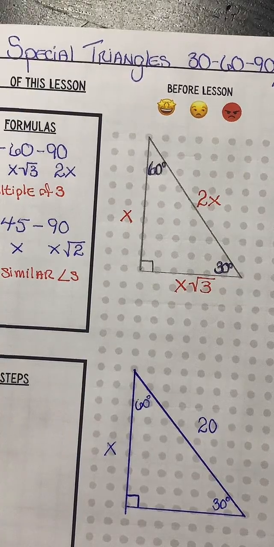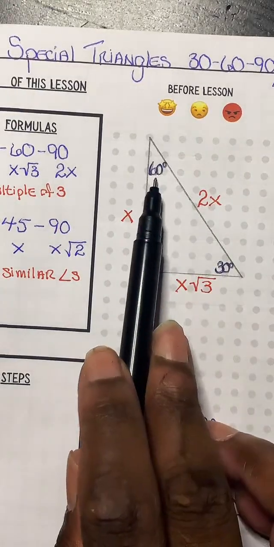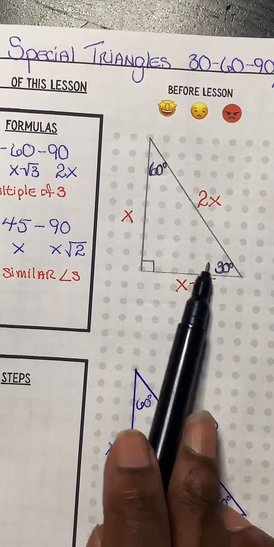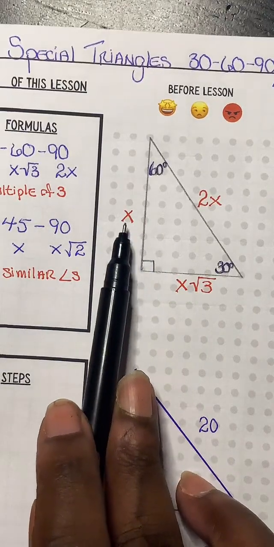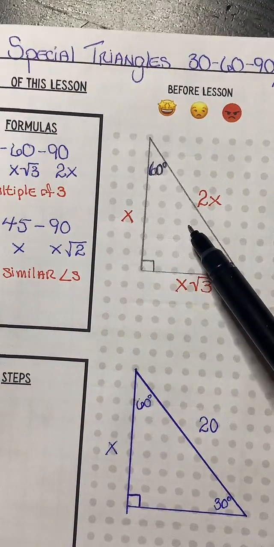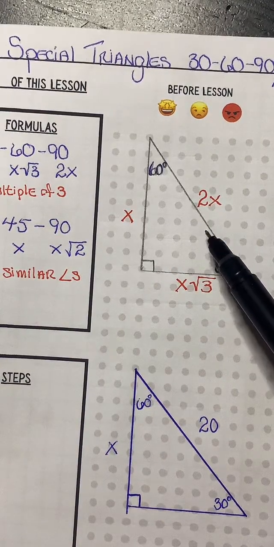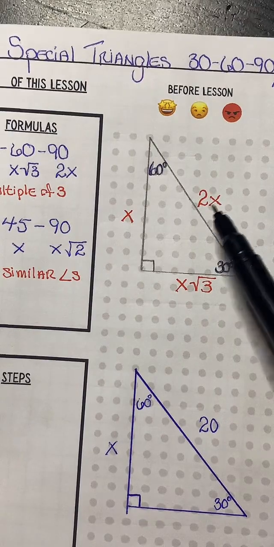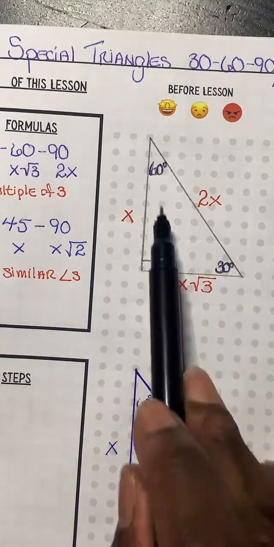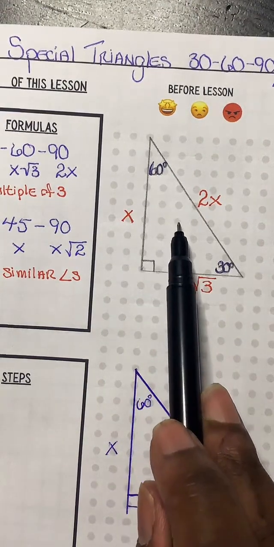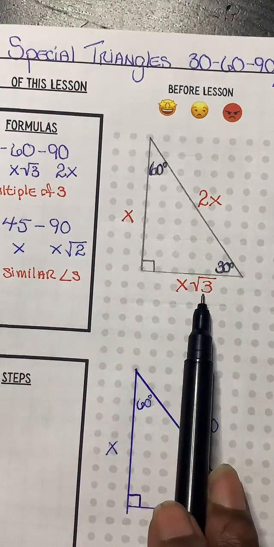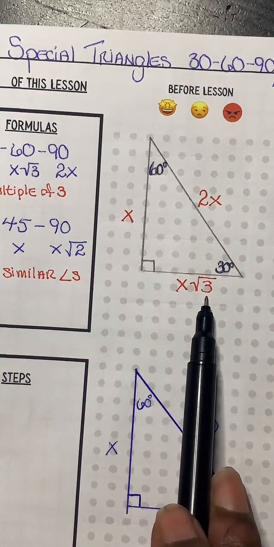Sure, not a problem. So when you have your 30, 60, 90 degree right triangle, the side that's directly across from your 30 degrees is always your smallest side. The side that's directly across from your 90 degrees, which is your hypotenuse, is twice as big as your smallest side. And the side that's directly across from your 60 degree angle is your smallest side multiplied by the square root of 3.